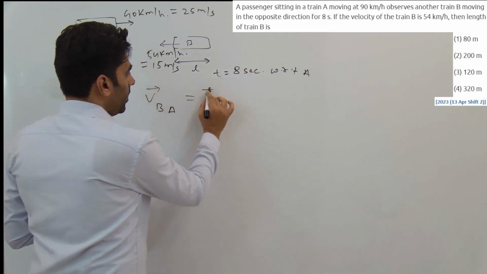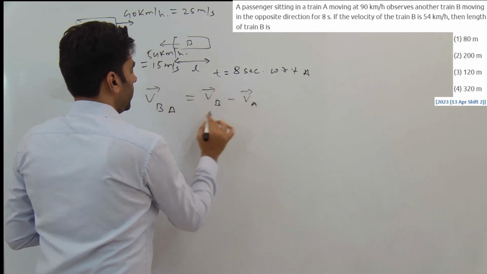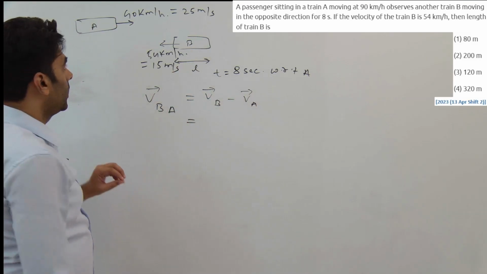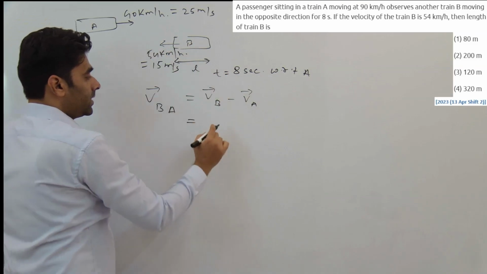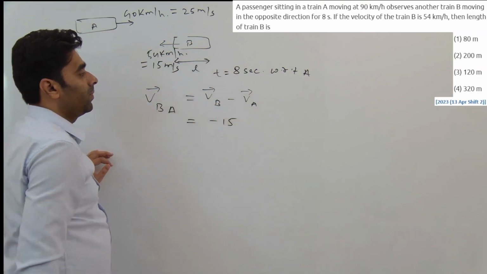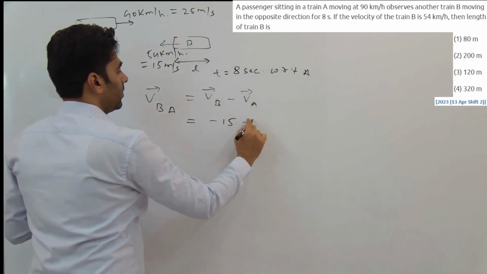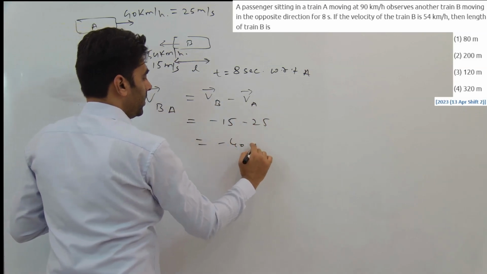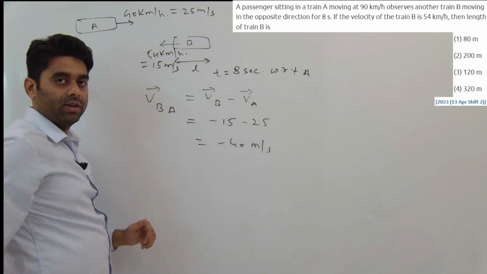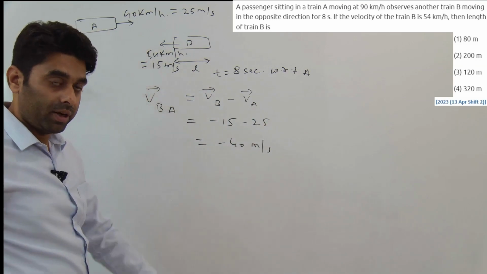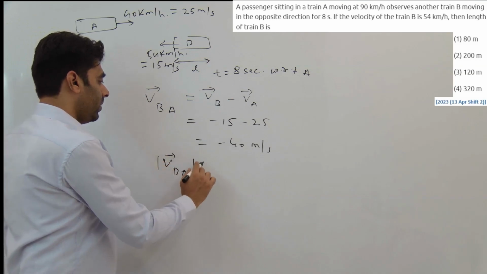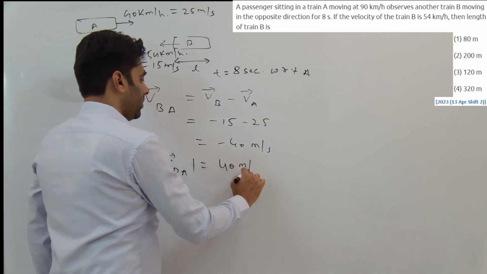Velocity of B minus velocity of A. Velocity of B is going in this direction, that means minus 15. Velocity of A is minus 25. So how much will it be? Minus 40 meter per second. Minus is indicative of the negative direction. Speed is 40 meter per second. So the speed of B with respect to A is 40 meter per second.